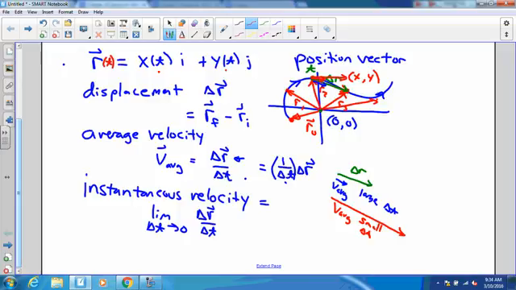And you can see that when we do that, we're going to end up with a vector that graphically is going to be tangent to the curve at this point.